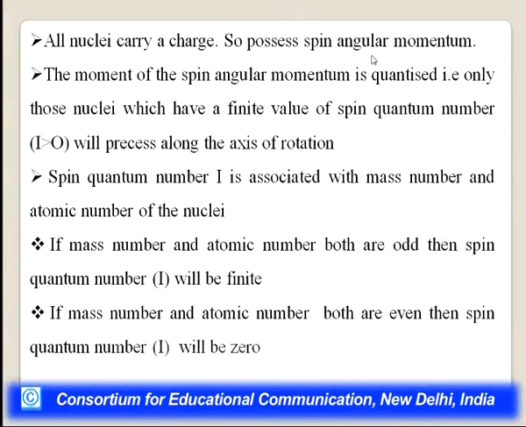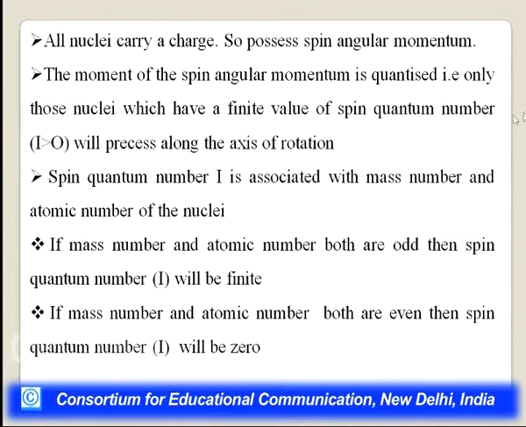All nuclei carry a charge, so they possess spin angular momentum. The moment of the spin angular momentum is quantized. Only those nuclei which have a finite value of spin quantum number will precess along the axis of rotation and will be NMR active.